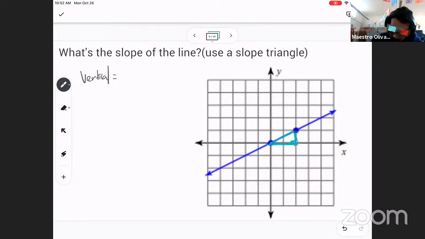So how many squares is it here? What's my vertical distance? How many squares do I have there? One square, yeah. It's just one.